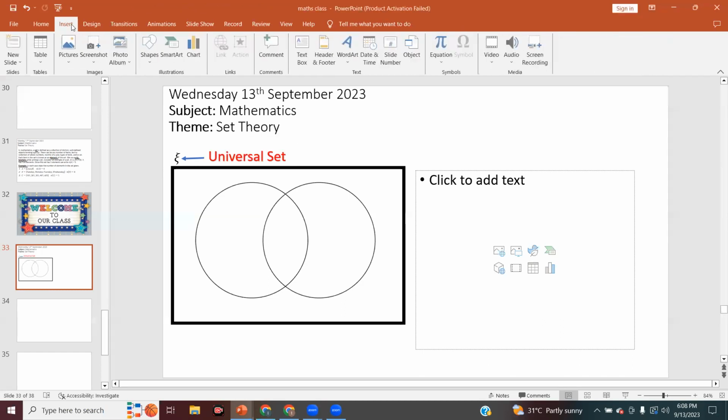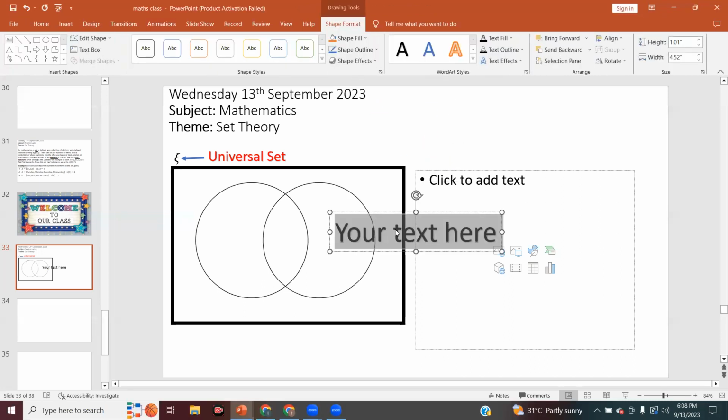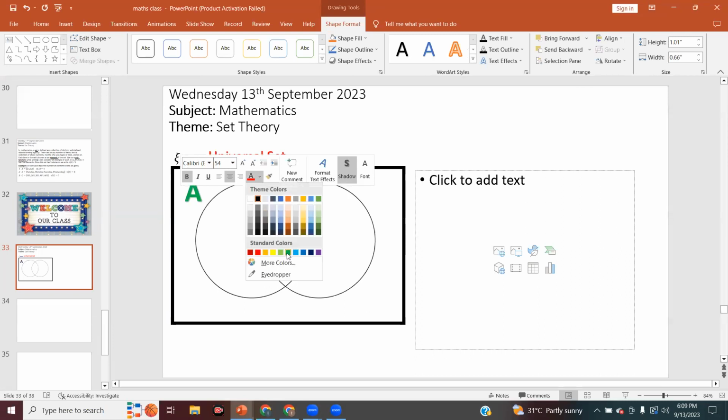Okay, so let's label this. Let's say that this set is set A, and let's denote that in green.